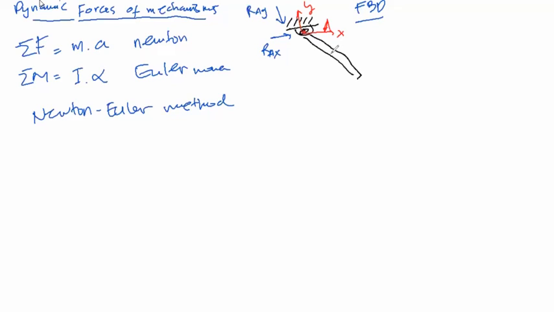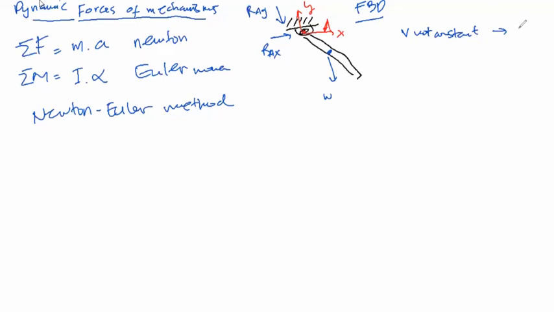We have the weight. And because the velocity is not constant, neither zero nor constant, it means it has acceleration, so we have a.